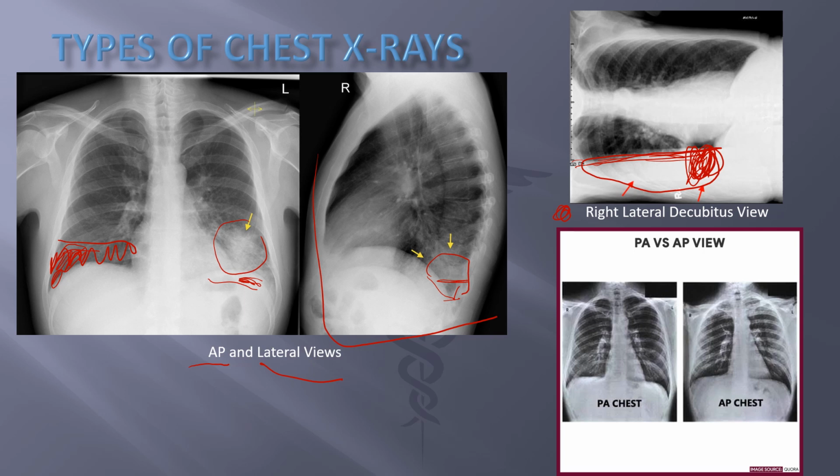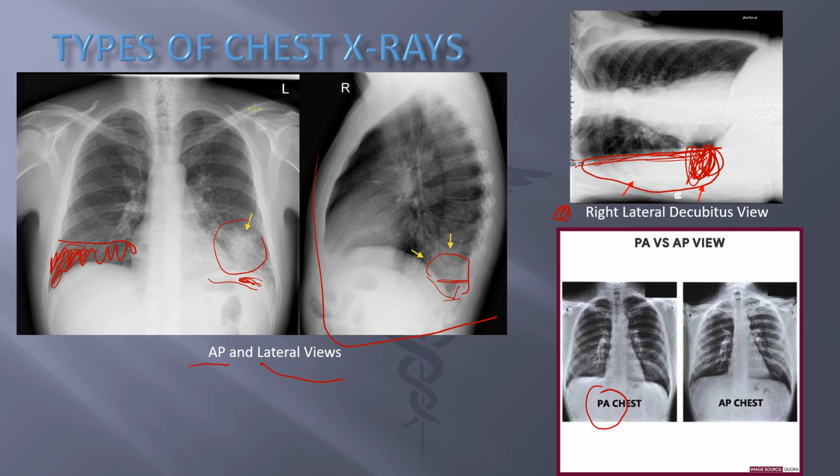In an outpatient setting, sometimes we'll do a PA image, which is a posterior to anterior view, where the patient's chest will be on the film and the radiation is shot from the back through the front. There is a little bit of advantage to this, where the lung fields are more visible.